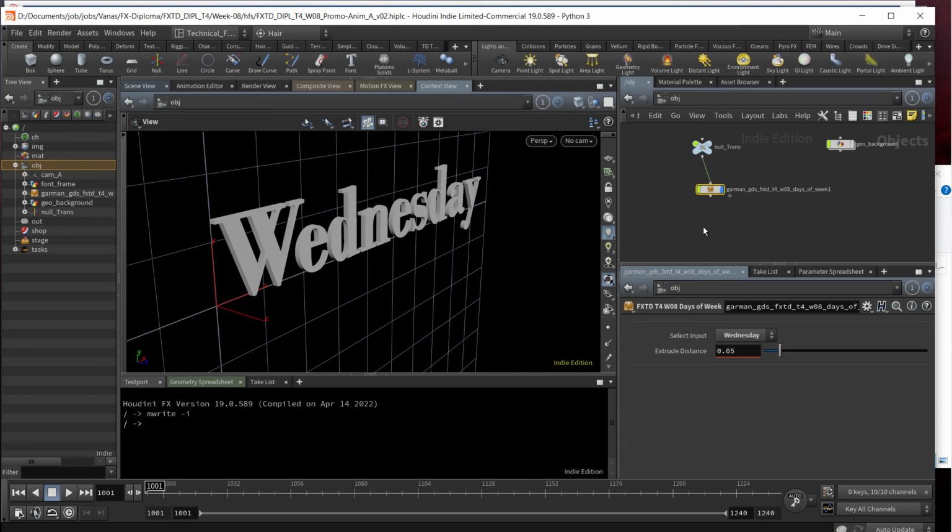Then I wasted a day or 2 days modeling all the days of the week when I didn't need to. So as I'm teaching you this stuff, just be aware that making something with a lot of options on it doesn't necessarily make you more valuable.